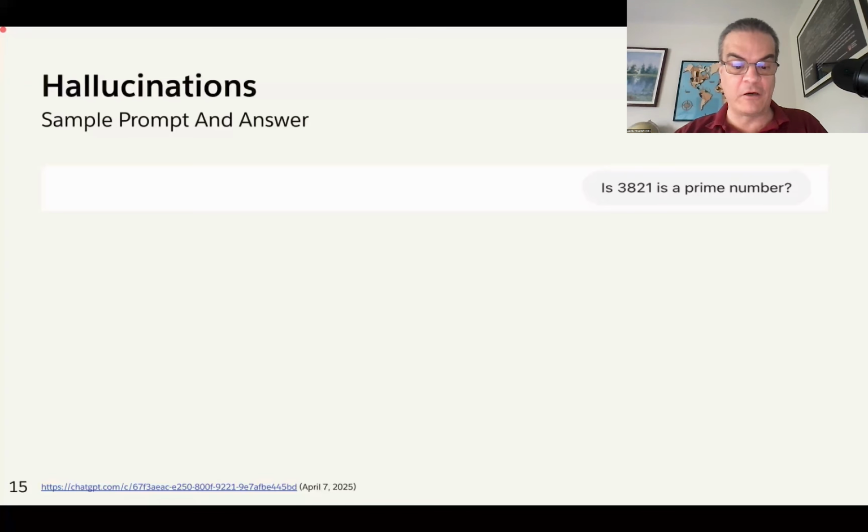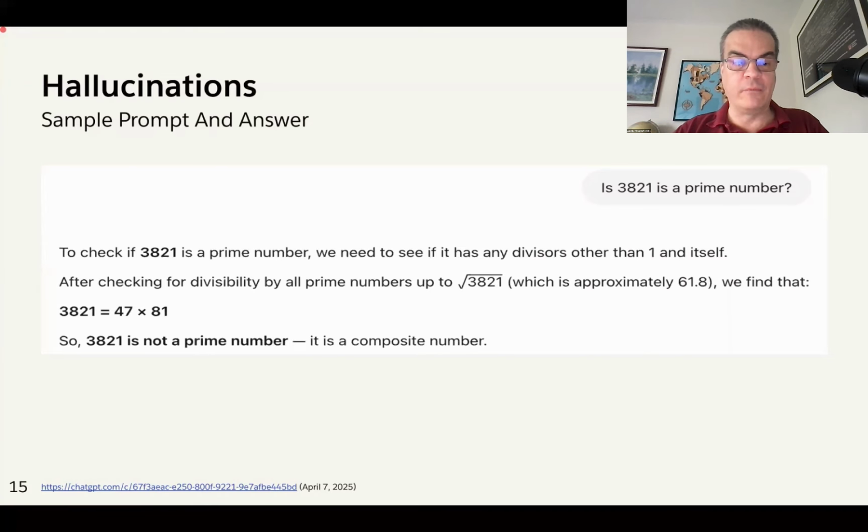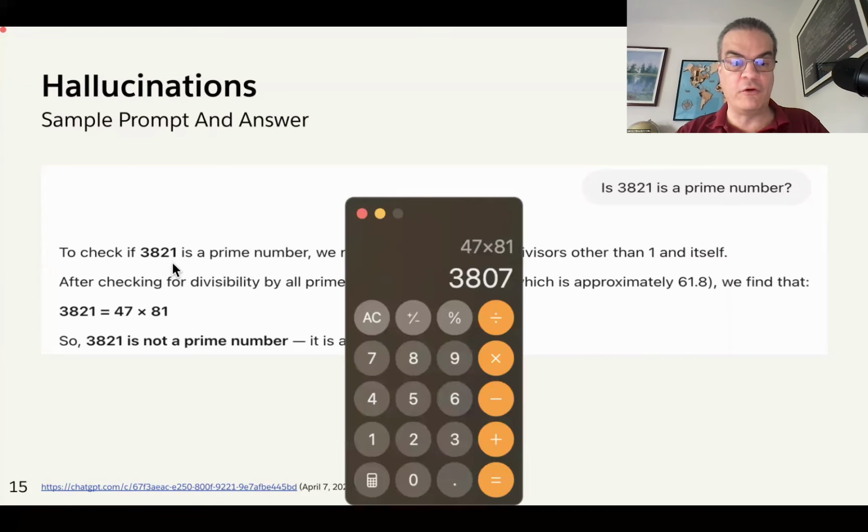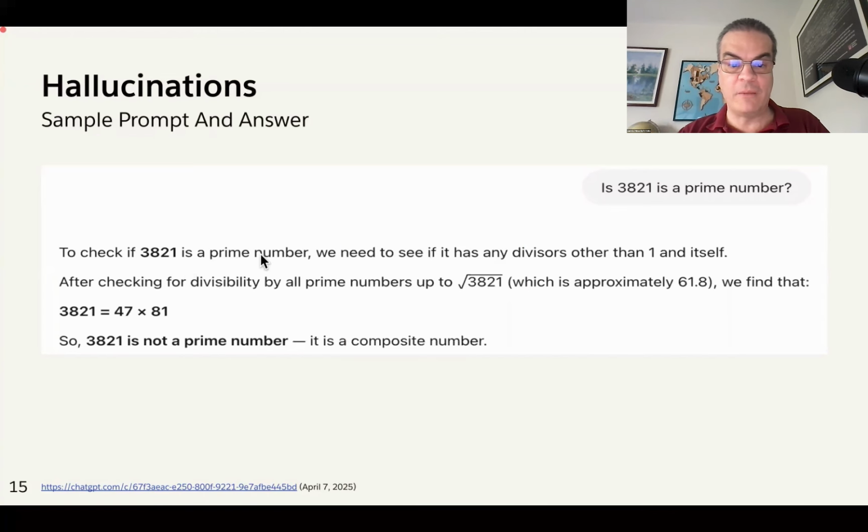So for example, these are very true examples. Actually, there's a link on the bottom of the slides. I don't know if these are private links or public links, but if I click on it, I'll get to see the actual conversation in ChatGPT. So I ask, is 3821 a prime number? And this is the answer that it gave me. To check to see if 3821 is a prime number, we need to see if there are any divisors.